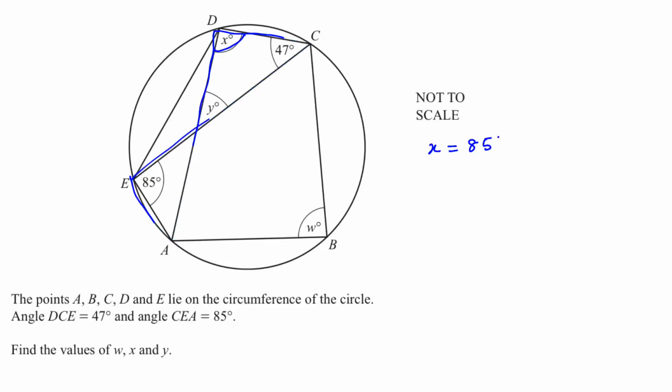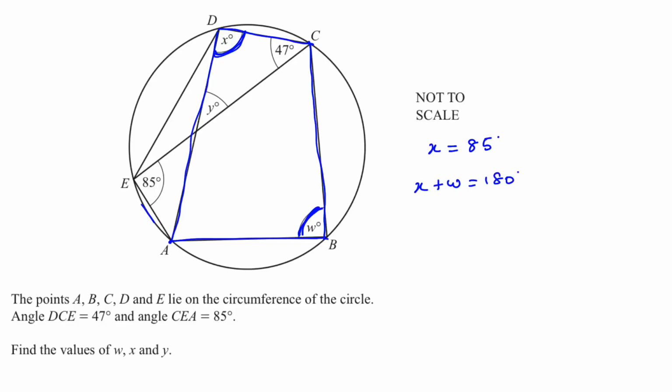Now to find the other ones. This is a cyclic quadrilateral, if you can understand. They make it into weird shapes. So this is a cyclic quadrilateral. In a cyclic quadrilateral, the opposite angles always add up to 180. Therefore, x plus w is equal to 180.